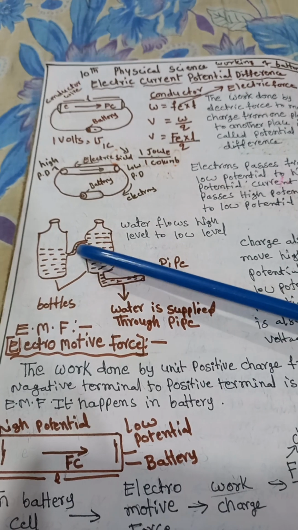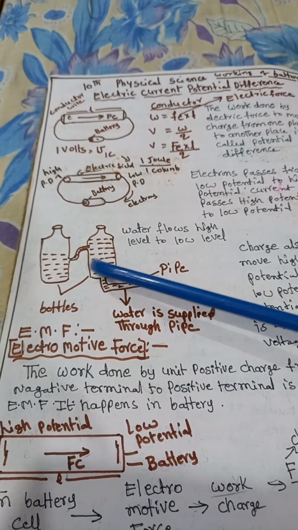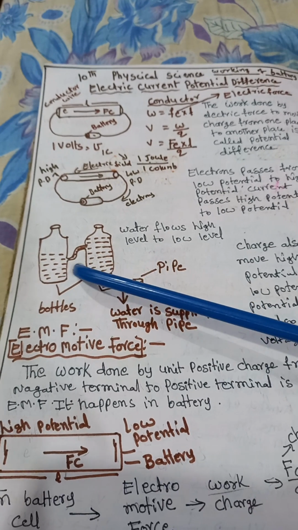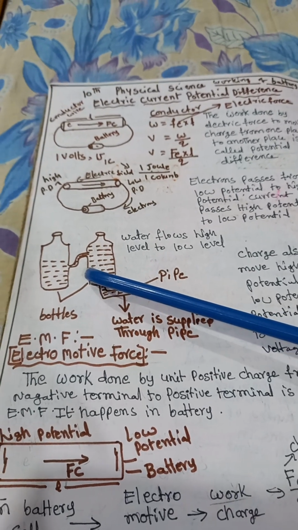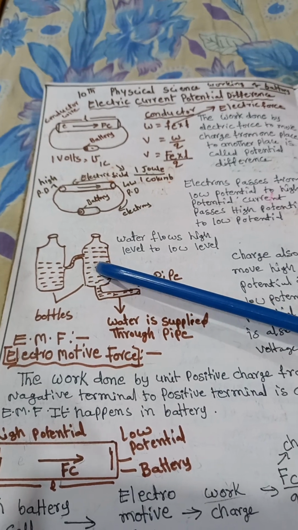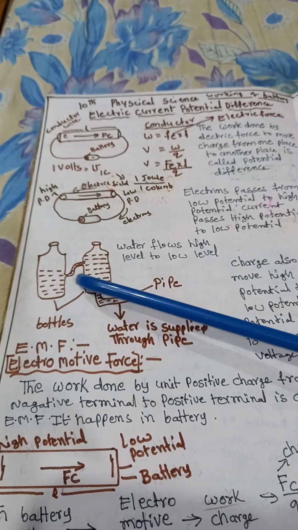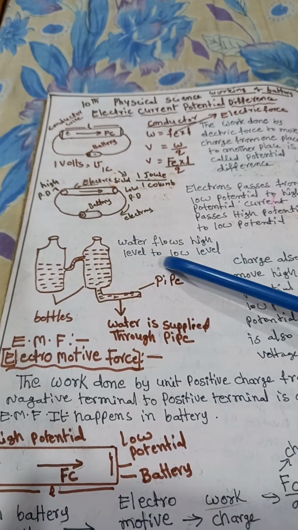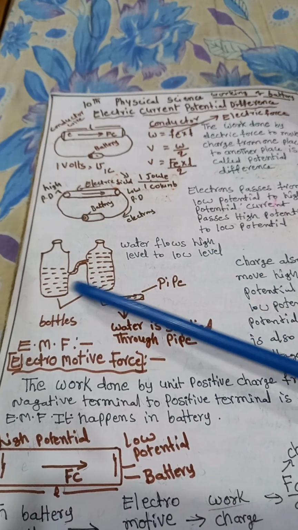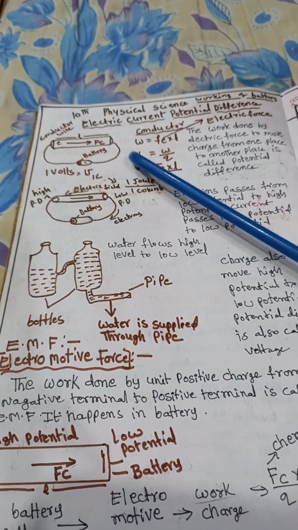So when the water levels in both bottles are equal, then the water does not go from one bottle to another bottle. So when the water flows from high level to low level, it is an example for the potential difference.